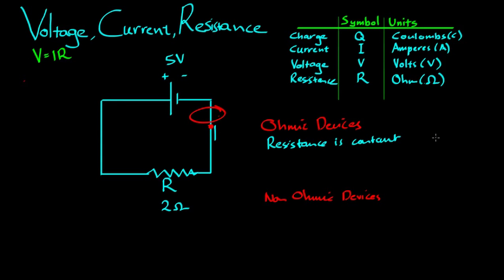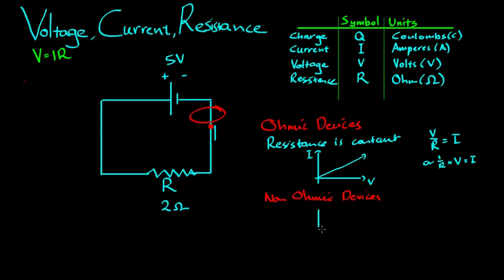So I have V on R equals I, or 1 on R times V equals I. If I graph I versus V here, V is on the horizontal, I is on the vertical, so the gradient is going to be 1 on R, like that. And an ohmic device will have a straight line, because if R isn't changing, 1 on R is certainly not changing. So that's what an ohmic device looks like when you graph the voltage against the current.